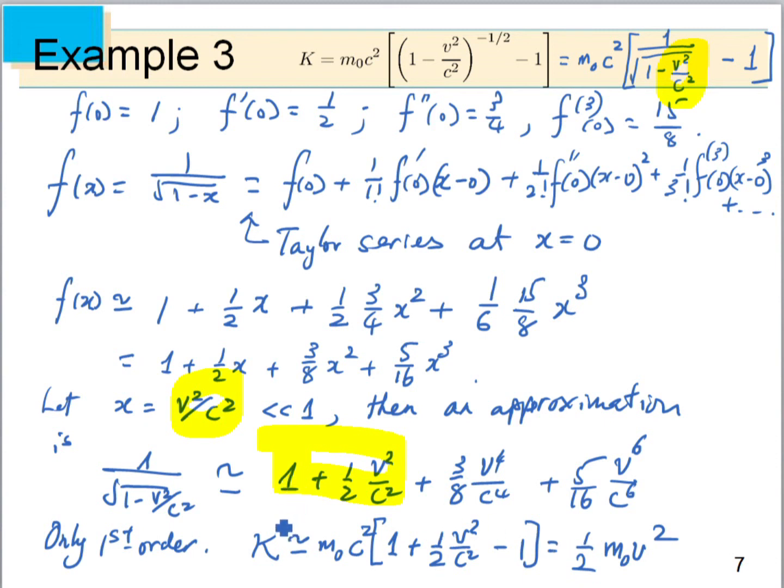So when we consider v to be very small, we can in fact even drop the second and the third order term. If we keep just the first order term and the zero order term, we put this back into the expression of k, then we will find that k in fact is equal to our classical kinetic energy that we encounter in classical physics.